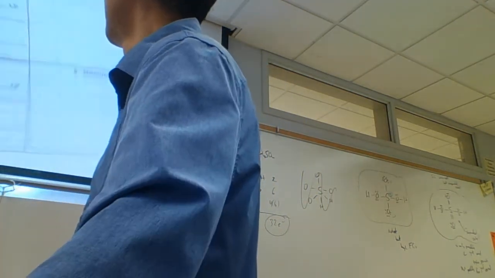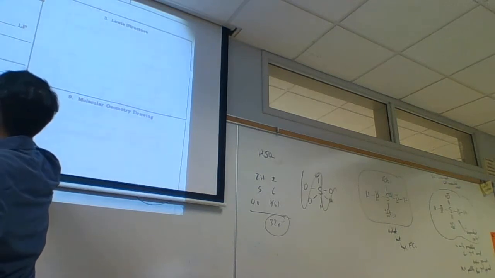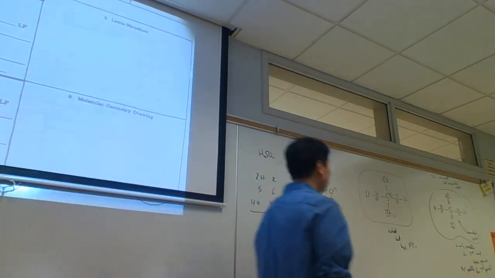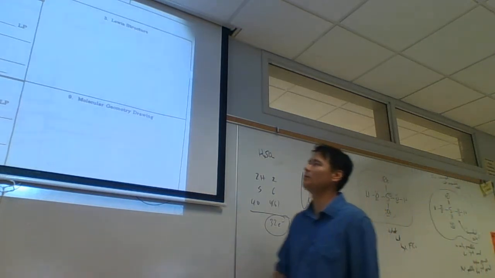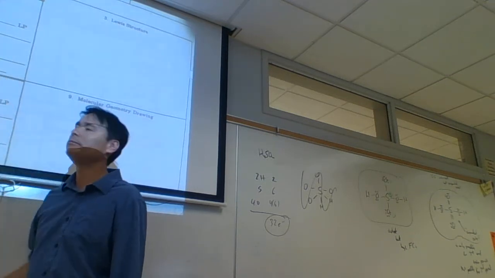We're going to look at the 2 central atoms. First, we're going to look at the sulfur here. How many sets do we have? 4 sets. This would be 4 sets, and the 4 sets would be 4 bonded atoms, 0 lone pairs.